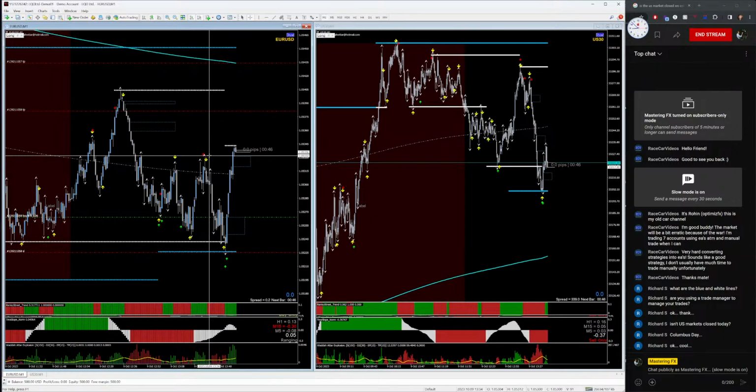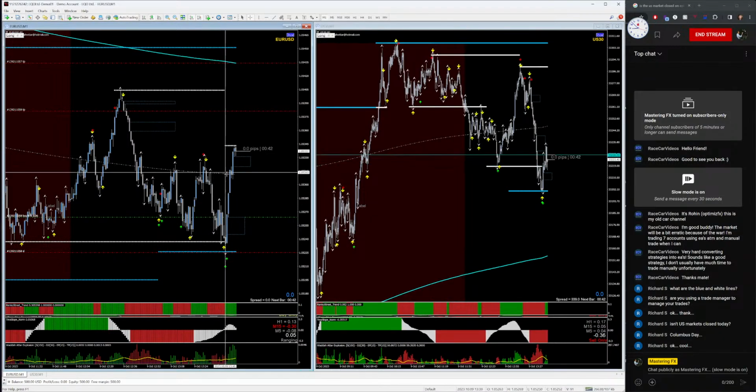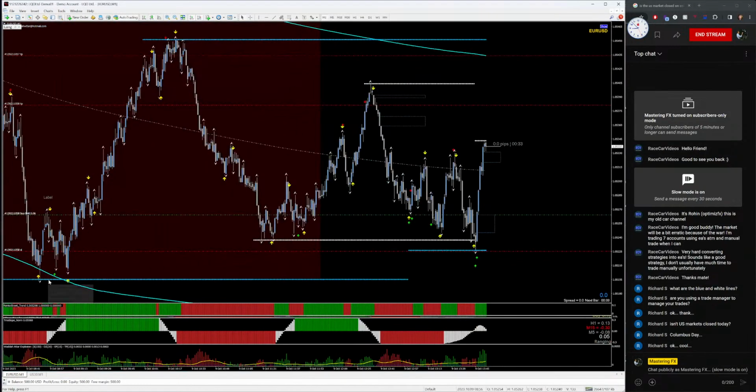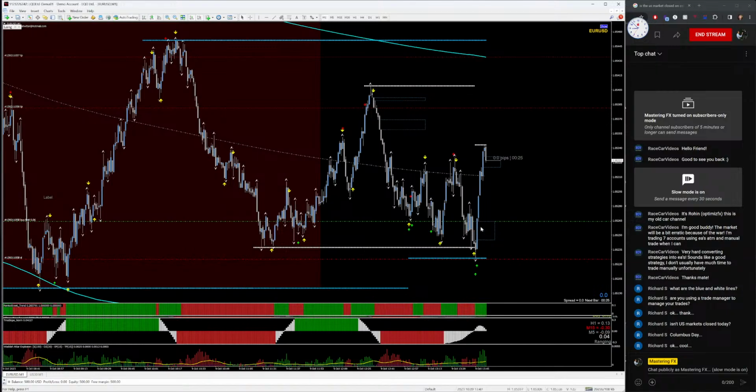We did break, we definitely broke structure now. We went above all these highs. And again, my bias is still long because the last touch of the band was here, and logically if it bounces between bands, it should touch the upper band next. So I'm looking for longs, and we are in a discounted zone here.